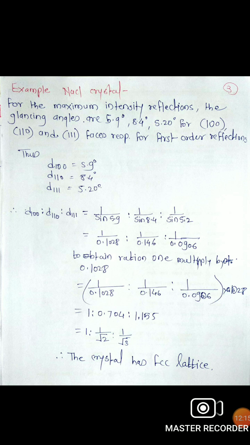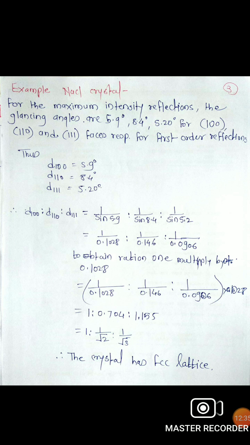Therefore d100 as to d110 as to d111 is equal to 1 divided by sin 5.9 as to 1 divided by sin 8.4 as to 1 divided by sin 5.20.